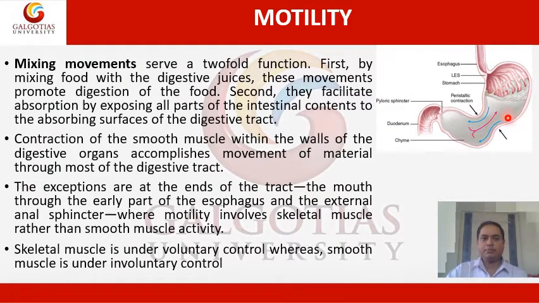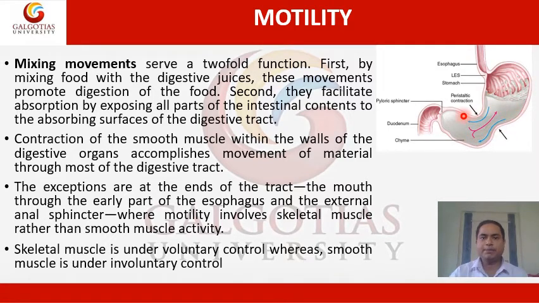The mixing movement serves a twofold function. First, by mixing food with the digestive juices, these movements promote digestion of the food. Second, they facilitate absorption by exposing all parts of the intestinal contents to the absorbing surface of the digestive tract. The contraction of the smooth muscles within the wall of the digestive organs accomplishes movement of the material through most of the digestive tract.